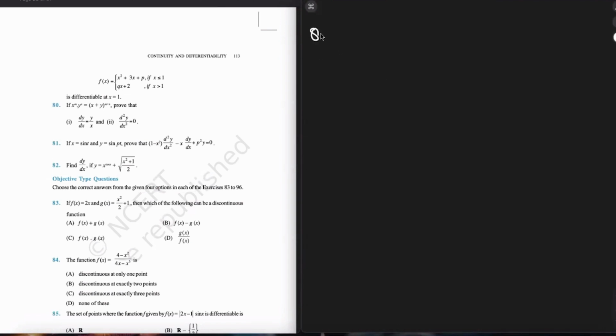So question number 82. Find dy by dx if y is equal to x raised to tan x plus (x square plus 1) upon 2 under root. Okay, if we differentiate both terms separately, then we'll be fine.